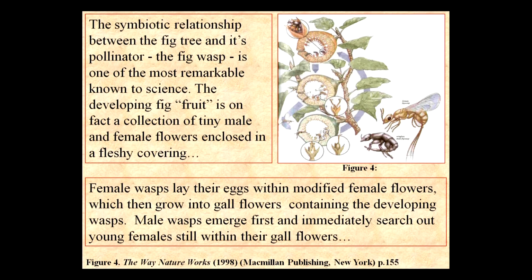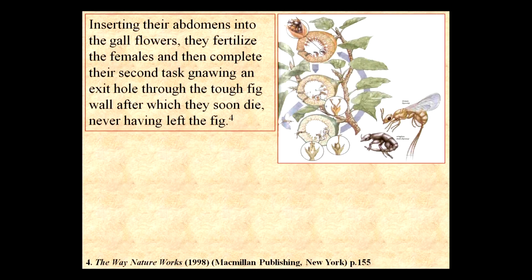Male wasps emerge first when these eggs develop and immediately search out young females like males do, right? Still within the gall flowers. So there they are in this pitch black enclosure that will become a fig. Inserting their abdomens into the gall flowers, they just spray. And when they spray, they fertilize the females.